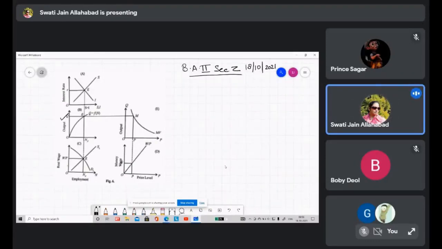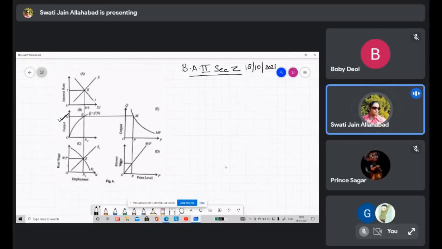If you are able to see that I'm putting a right mark here, you have a production function here in the B part of the diagram, right?